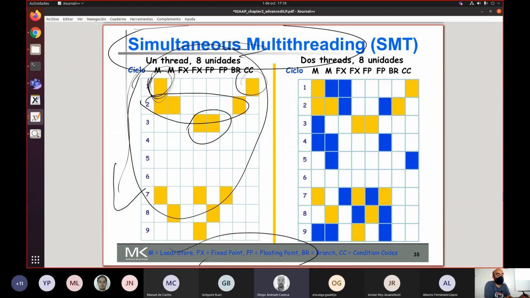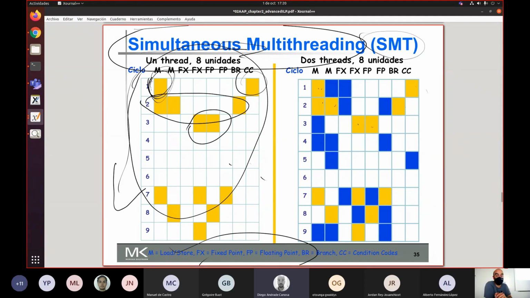However, when I do simultaneous multithreading, I have a better situation, because in addition to scheduling instructions of one of the threads, I introduce into the pipeline simultaneously instructions of a second thread. And this implies a better resource utilization.